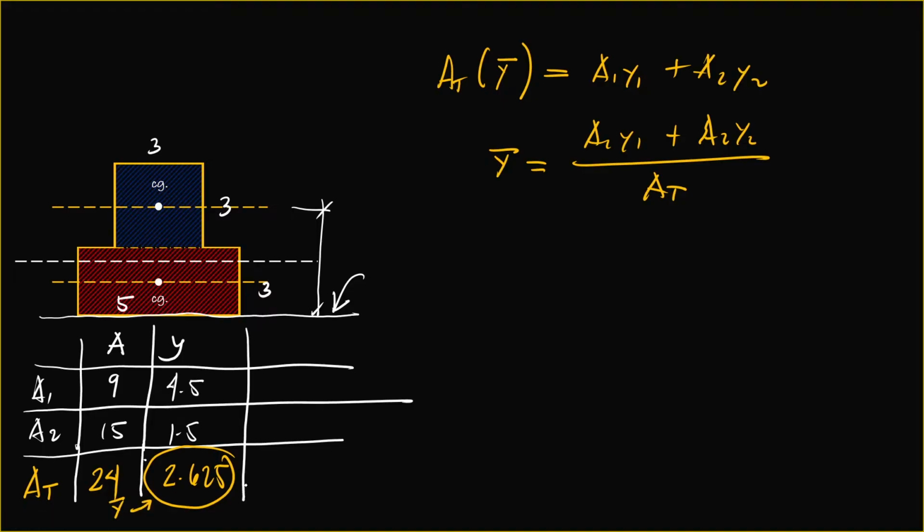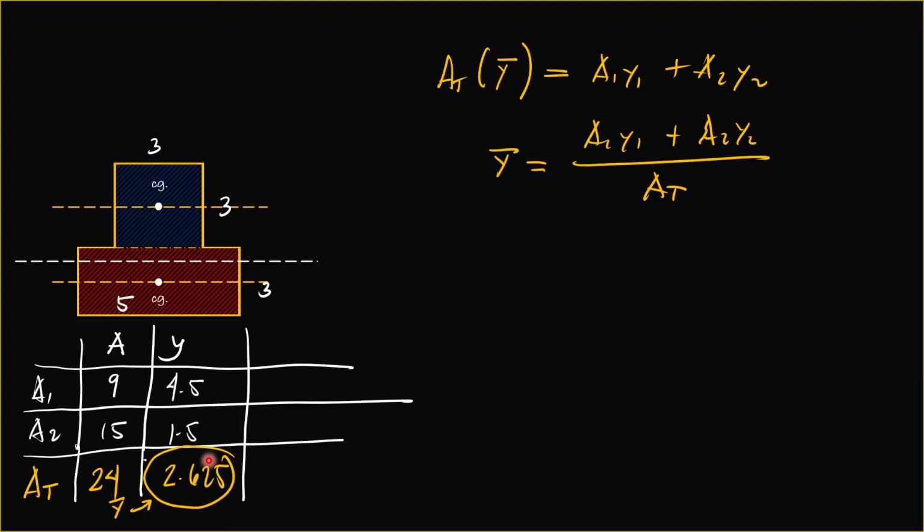Okay, so now we know the centroid. How far is our centroid? 2.625 from the reference axis. Take note. Analyze where its location is. The height of A2 is 3, and our y bar is 2.625.